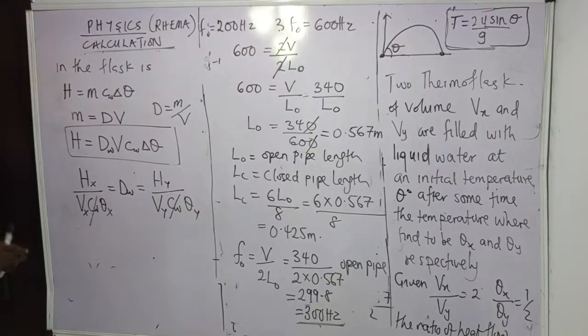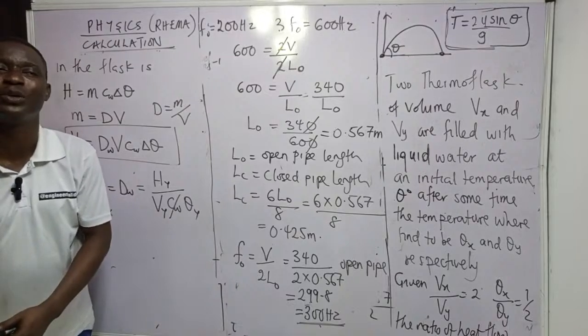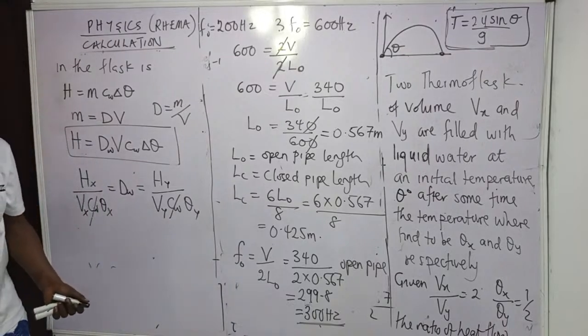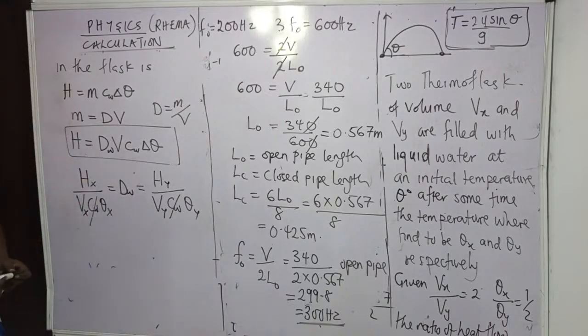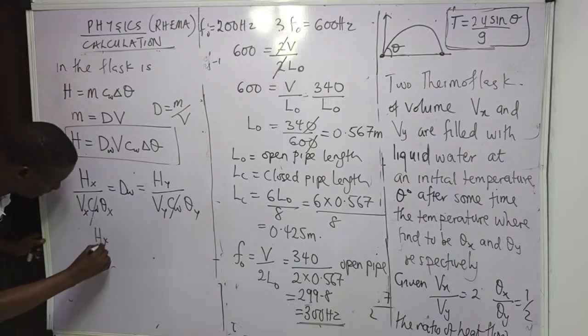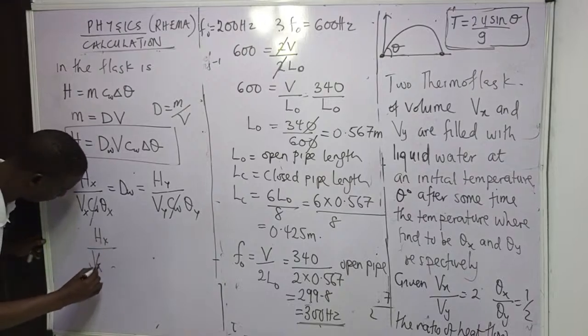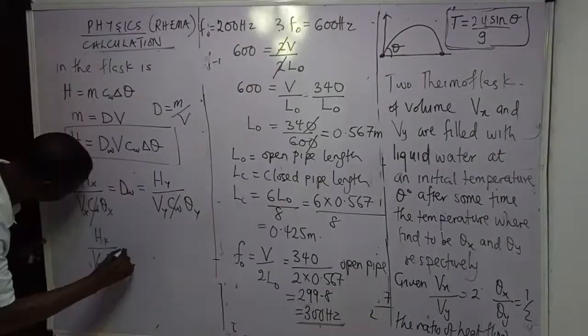The specific capacity of water cannot change from 4,200 to 8,200, because it remains constant. So H equals Vs times theta s equals to what?